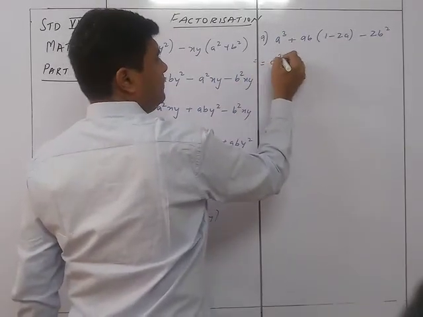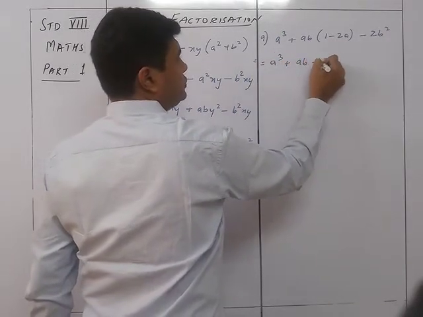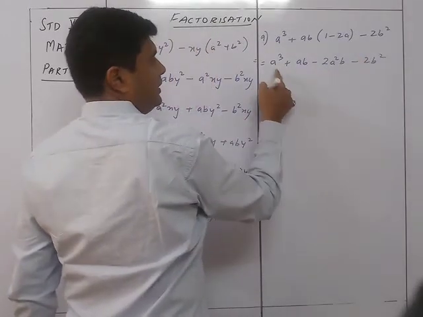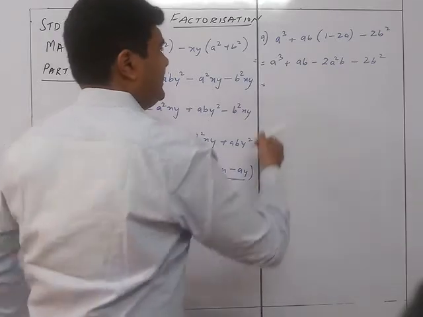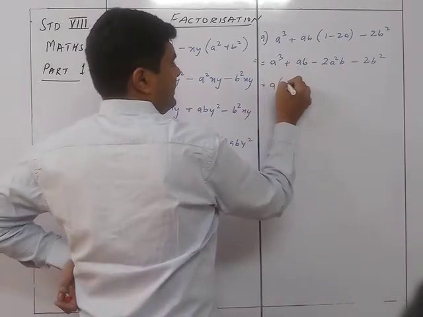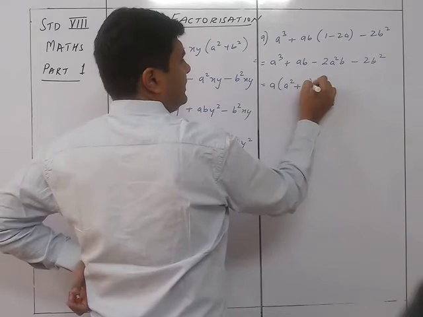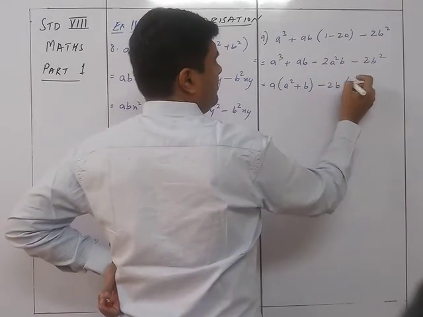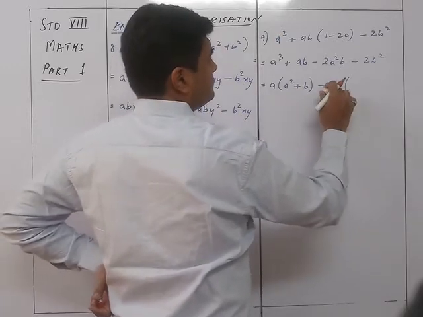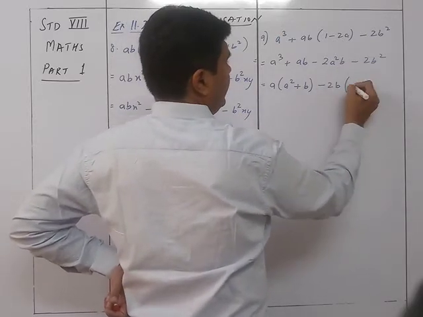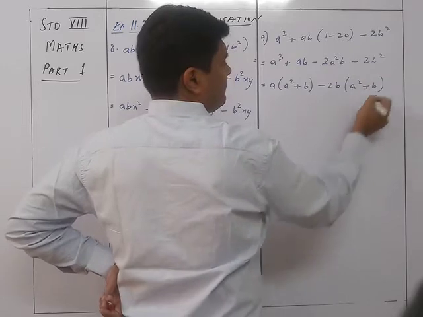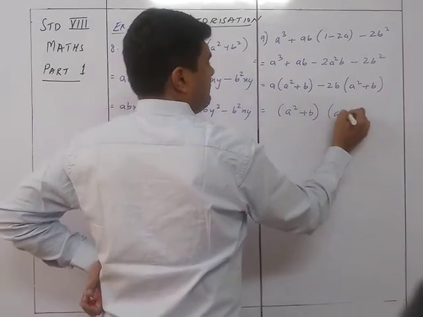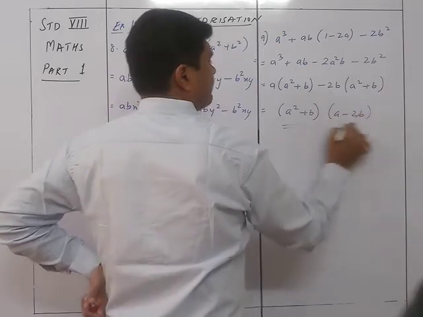It will be a cube plus ab minus 2a square b minus 2b square. I think I can easily take out common over here. So it will be a square(a plus b), and over here minus 2b will give me (a square plus b). So that gives me (a square plus b)(a minus 2b).